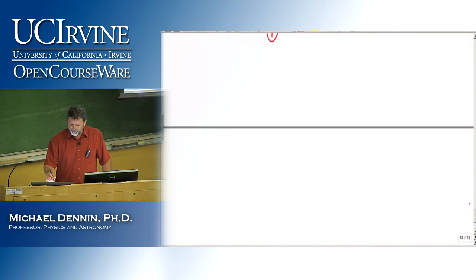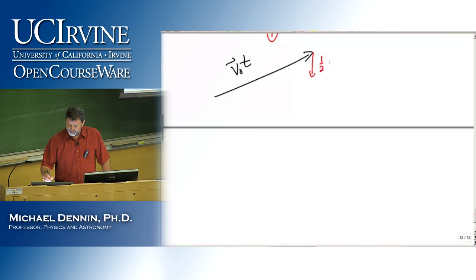One of the very common pictures to have, and I posted a really nice PDF that reviews adding all of these vectors, is that you're often launching something, so v naught is up. And then you can have a couple of different cases. You can have a time that has a g t squared like that, and that's your delta x.